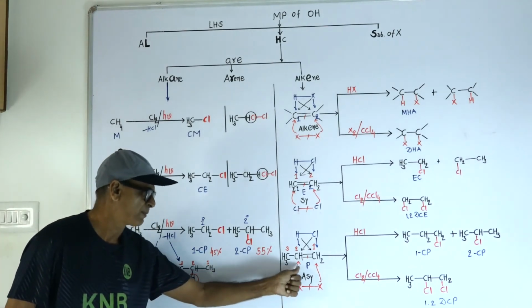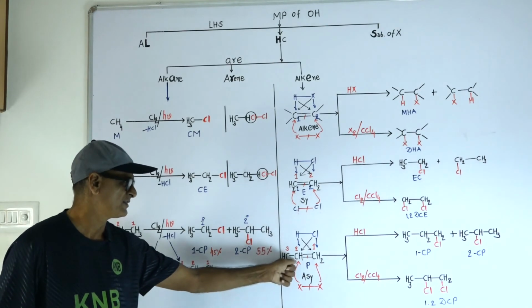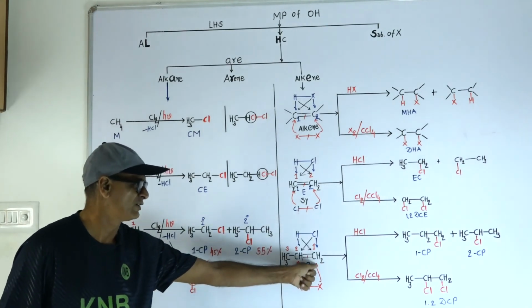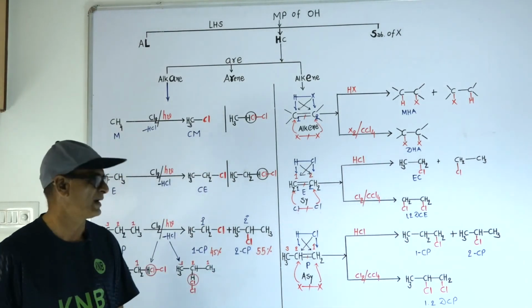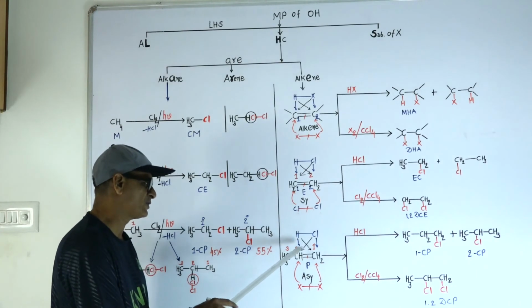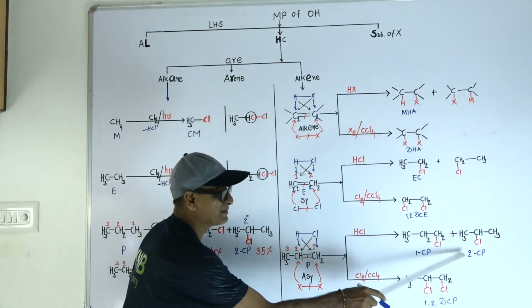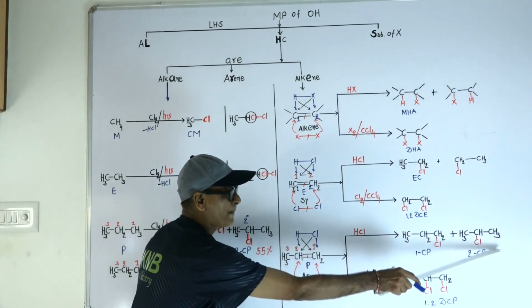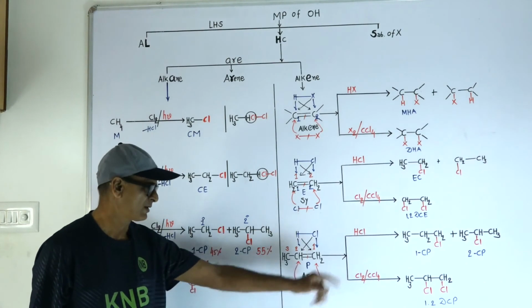In the case of propene hydrohalogenation, if hydrogen attaches with C1 and Cl with C2, 2-chloropropane will be our main product. Second product, if Cl attaches with C1 and hydrogen with C2, then primary 1-chloropropane will be our second product.